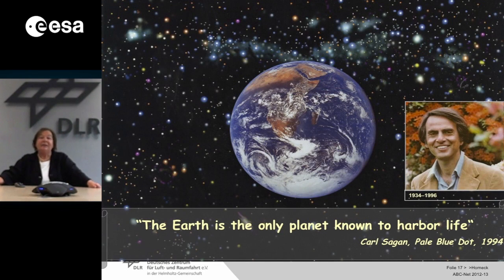So at the moment, what we can say is that the Earth is the only planet known to harbor life. And that was written in the famous book of Carl Sagan, The Pale Blue Dot. And that showed if you move further and further away, like the Voyager spacecraft and Pioneer spacecraft, then the Earth becomes only visible as a very little pale blue dot.